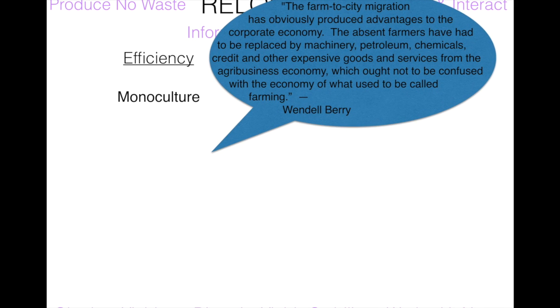Wendell Berry's line on the monoculture, on the shifting of the way in which we create food. The farm-to-city migration has obviously produced advantages to the corporate economy. The absent farmers have had to be replaced by machinery, petroleum, chemicals, credit, and other expensive goods and services from the agribusiness economy, which ought not to be confused with the economy of what used to be called farming.